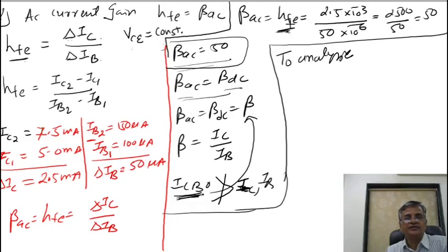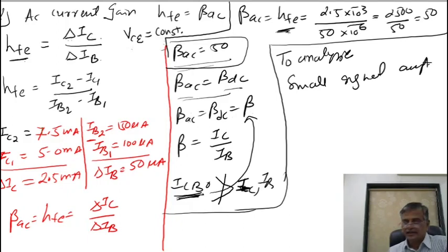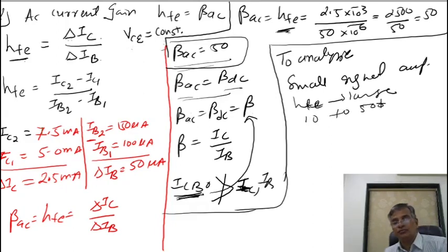For your information, for a small signal amplifier, the HFE is large. Its value varies from 10 to 500 or even more than this, depending upon the type of transistor.